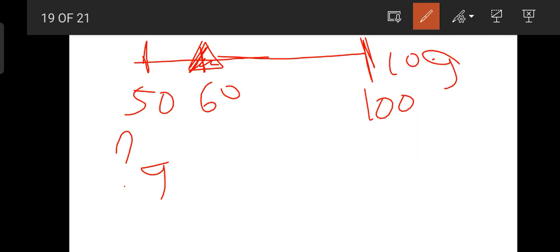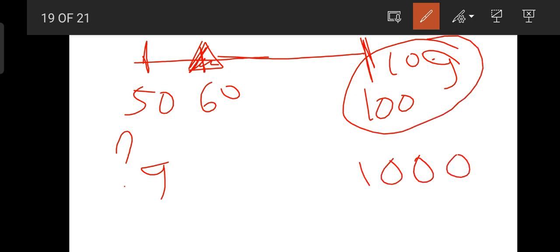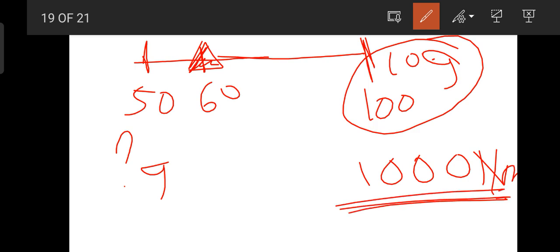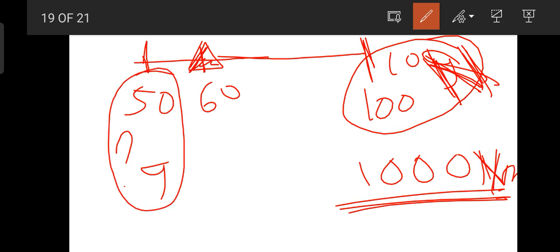Now if the sum of this is 1000 Nm, in case of Newton, this is 10 m, and here will be 10 m.